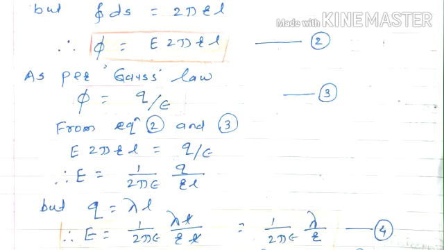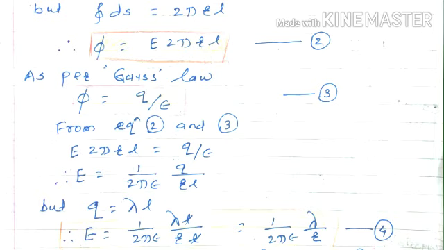Now if we substitute the value of Q, which equals lambda L, we get E equals 1 upon 2 pi epsilon into lambda small l upon r small l. In this case l gets cancelled.